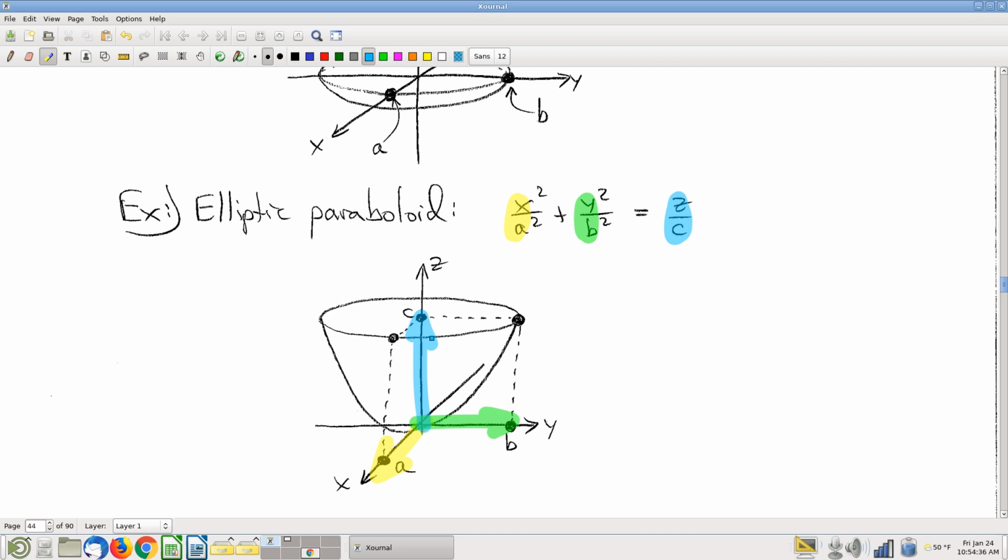So this is a stretched-out paraboloid, stretched horizontally by different amounts in different directions. It's not going to retain its circular characteristic. The fact that these two numbers are different is what makes this an elliptical paraboloid. Its cross sections are ellipses, not circles.